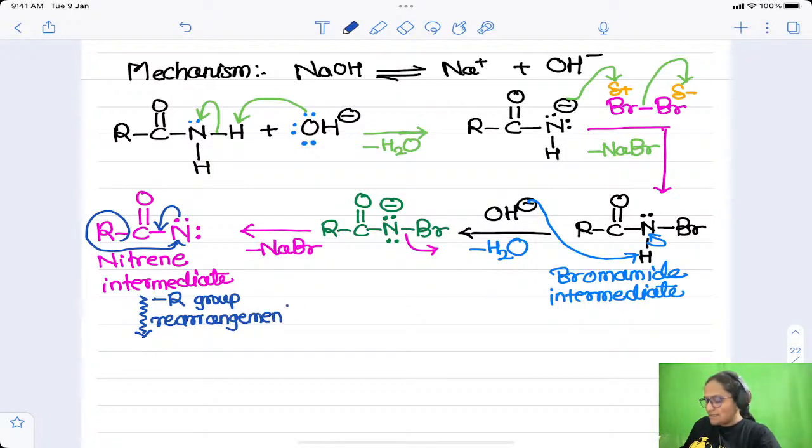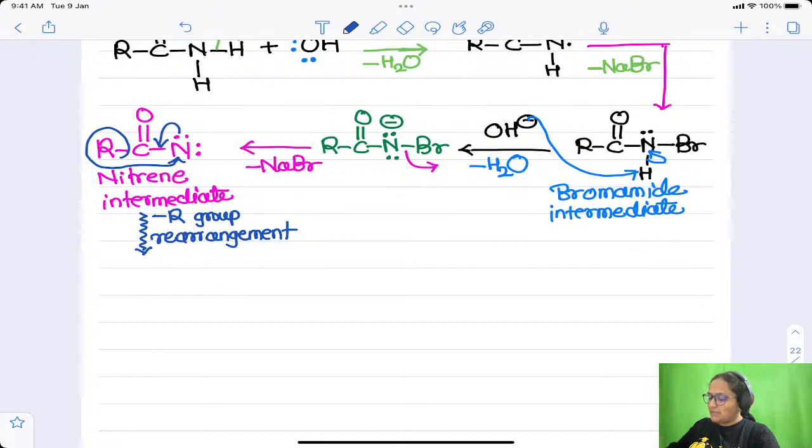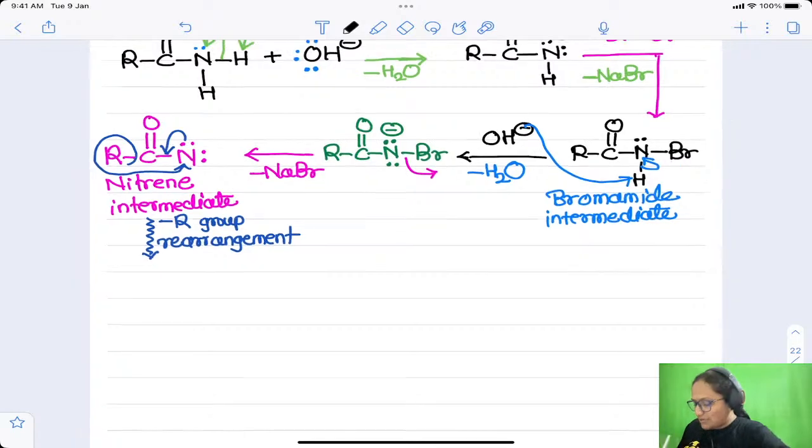Rearrangement means, guys, if you observe the product and the reactant, there is no difference in their number of atoms or nature of atoms, just their positions are changed. How to show that? First of all, I will write down the C. C is not going anywhere and O is also not going anywhere.